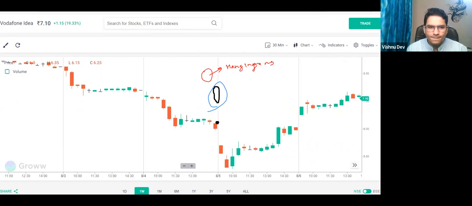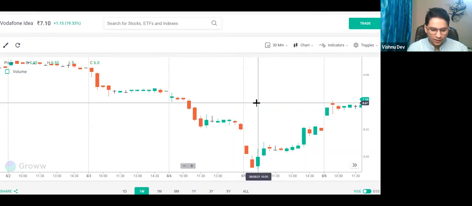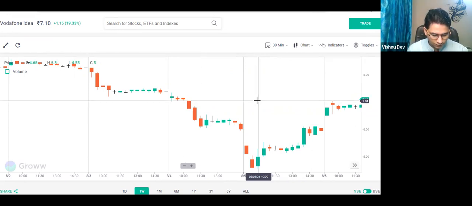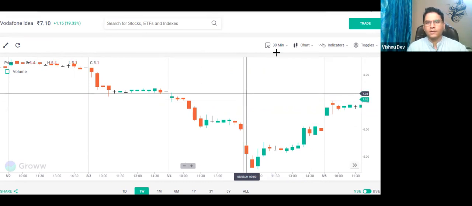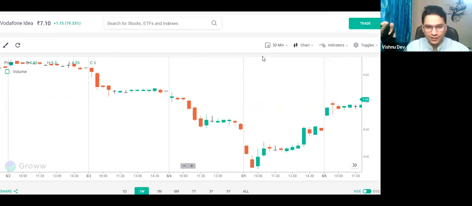In the middle, that's just a normal candlestick. When does the inverted hammer occur? It's not that we decide when it occurs. We observe it, and when it occurs, then we study it.